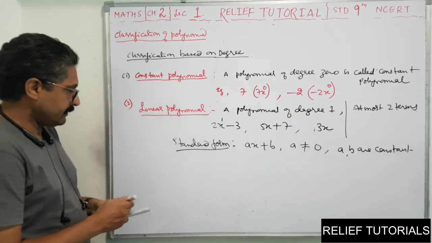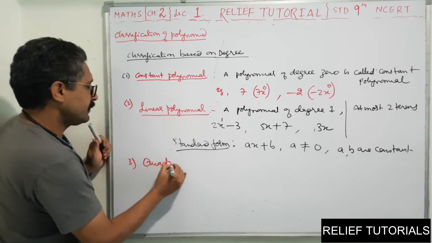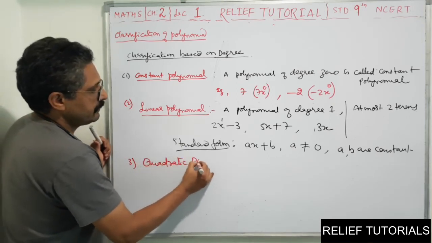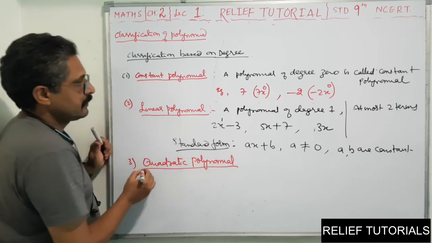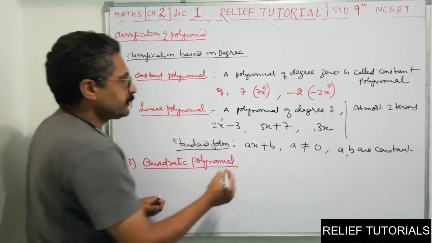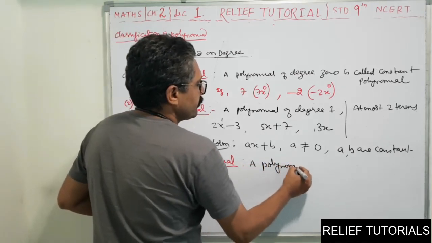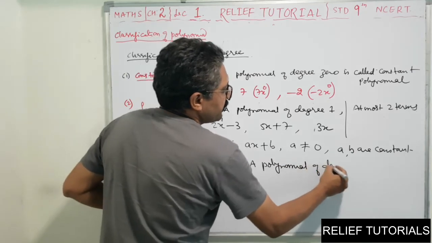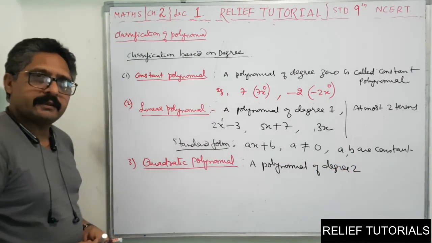Now comes the third one, quadratic polynomial. The polynomial of degree 2 is called a quadratic polynomial.